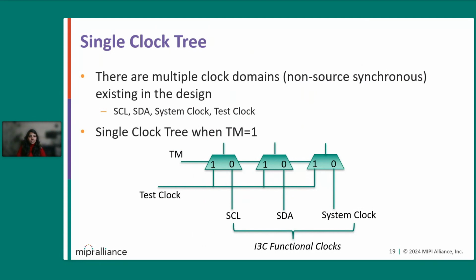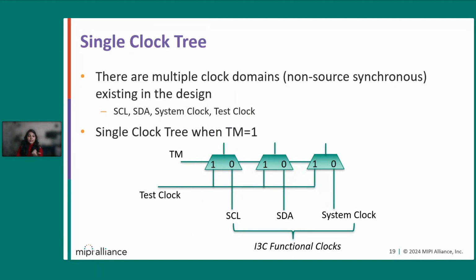If we set our test mode control input as 1, the test clock will be selected as the primary clock by CTS, and the tool will proceed with the test clock. Since we talk about synthesis in the design in the test mode, the test clock will be our primary clock.